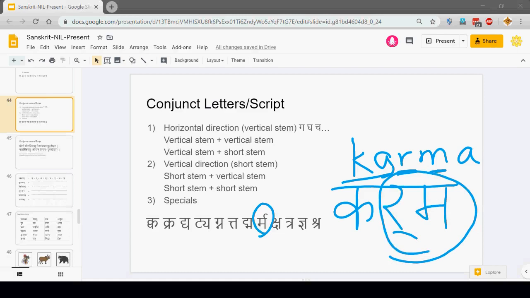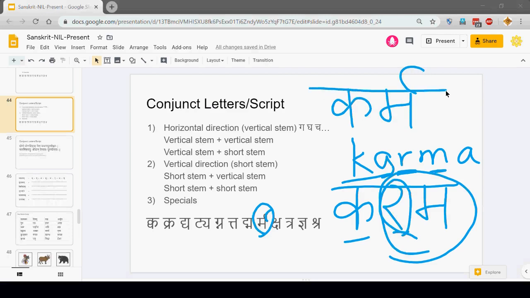But now to make it a conjunct letter in writing, what we do is this ra part is shown with a hook at the top of the second letter. So ma is written first and the hook is written on top of that. But reading, you can again go from top to bottom. So top is this ra, karma.